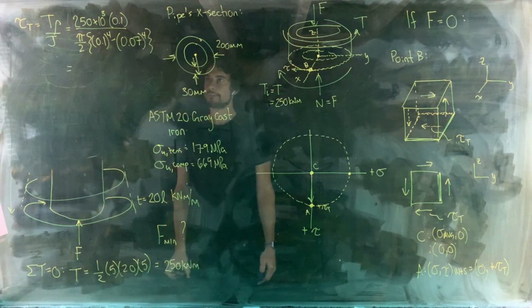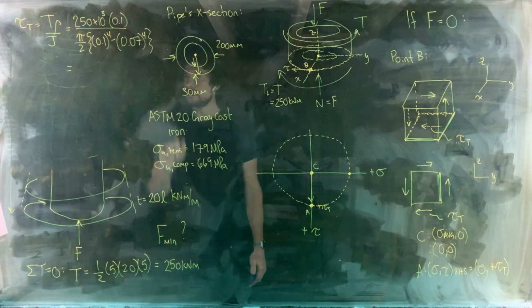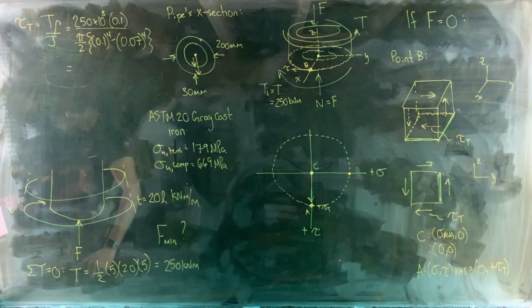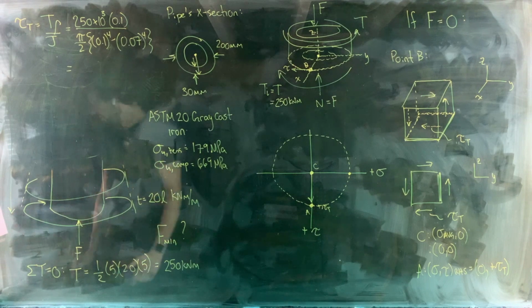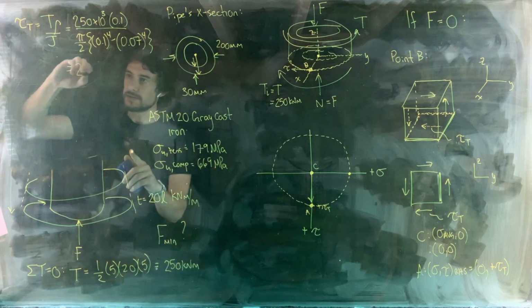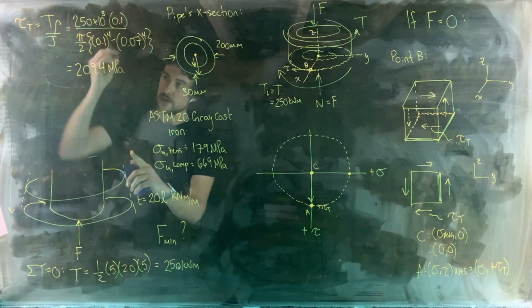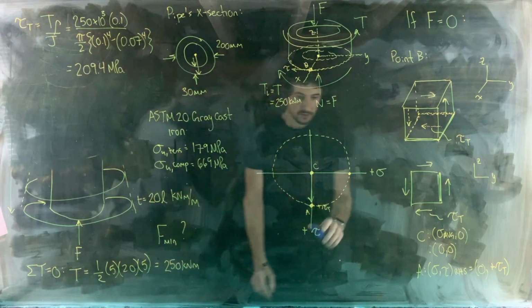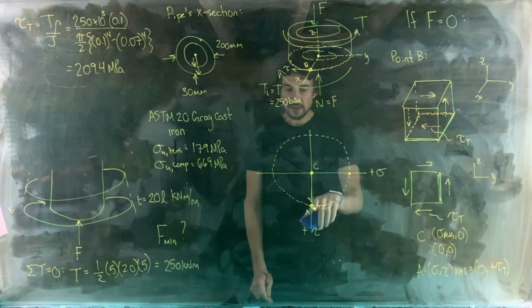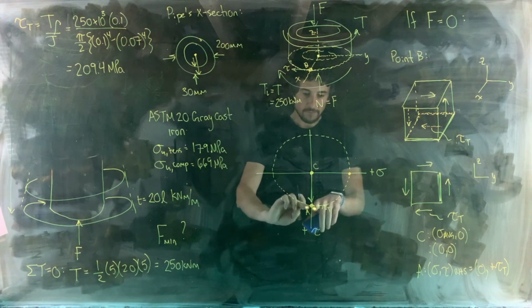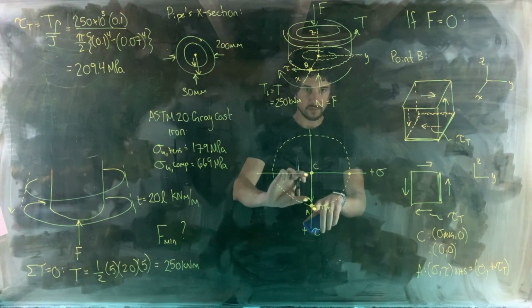Let's see what that gives us when we crunch those numbers. I'll flip back to where I've got that value worked out already: 209.4 MPa. So look at this. 209.4 megapascals is going to be the value of the radius.